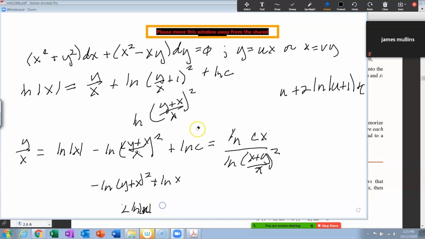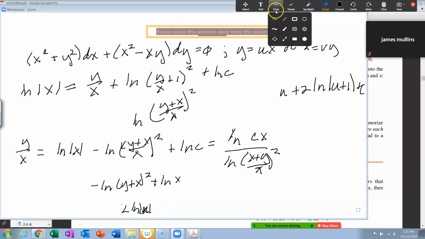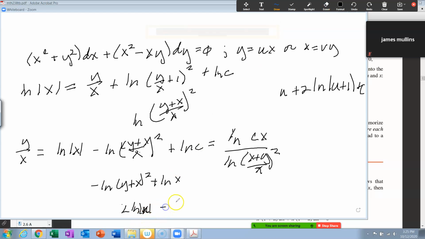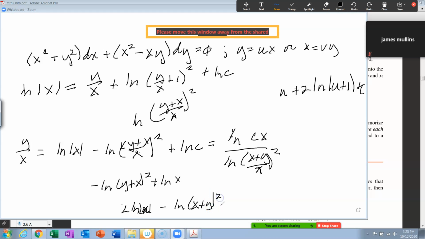Okay, I feel like I'm running in circles here, but hopefully I'm not too badly. Minus the log of x plus y squared.